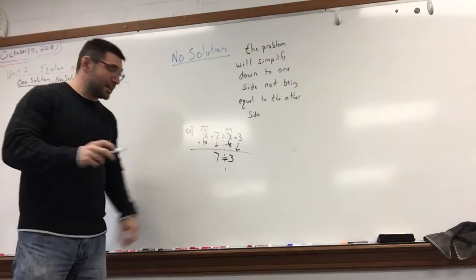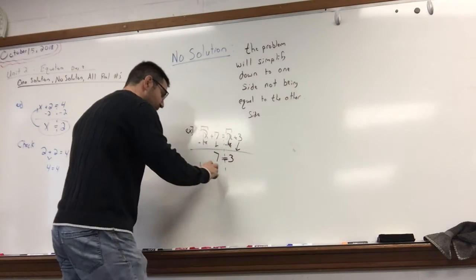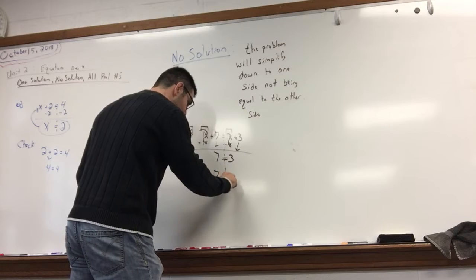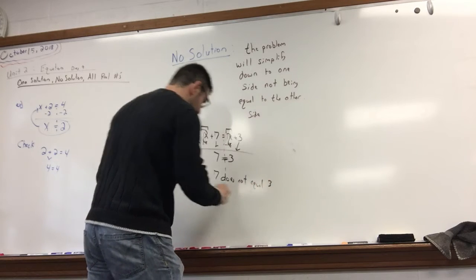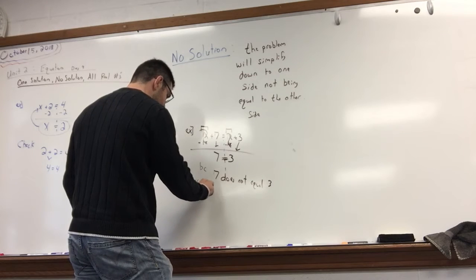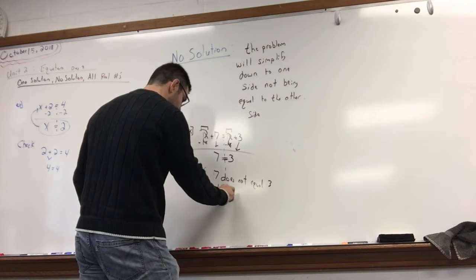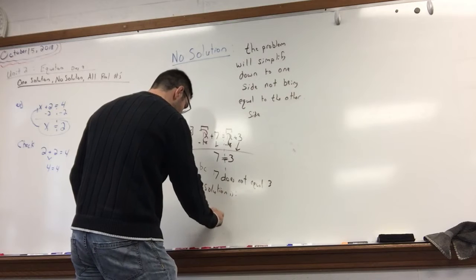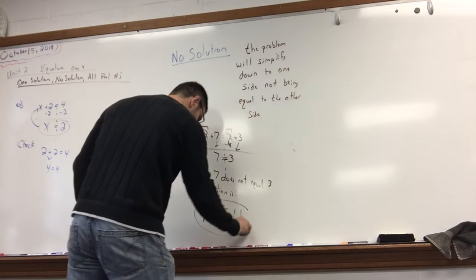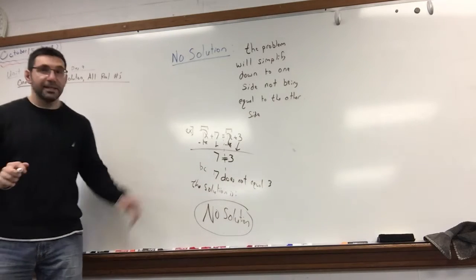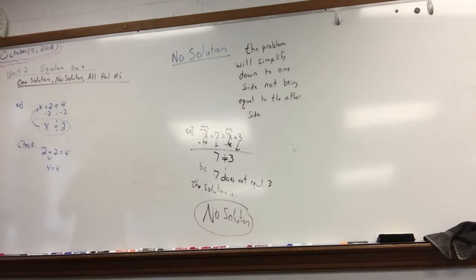So because 7 does not equal 3, the solution is no solution. You don't have to write the explanation, but when you get one side and it truly does not equal the other side, you can be like, Mr. H screwed up. I might have, but it's no solution.